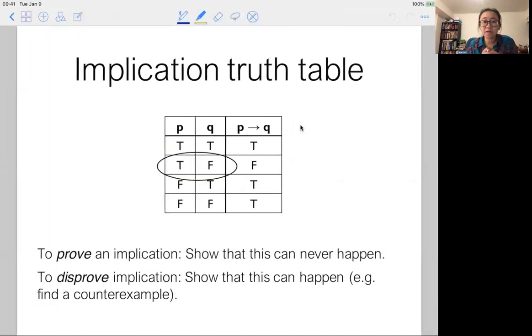Of course, there is a corresponding truth table associated with implication. Again, the first two columns are all the possible combinations of truth values for P and Q. If P is true and Q is true, then P implies Q is true. That's the first row.